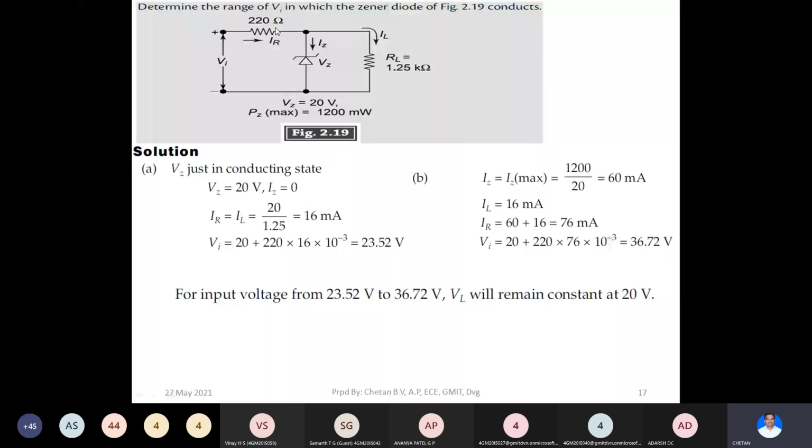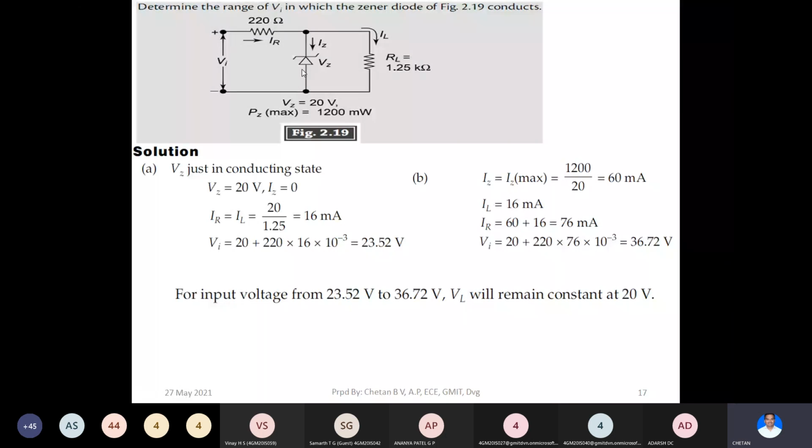So the voltage across diode or voltage across RL is 20 because the diode is conducting, plus the potential difference across this resistance. So the voltage drop across this is 220, the resistance, multiplied by IR. So you will get 36.72 volt.